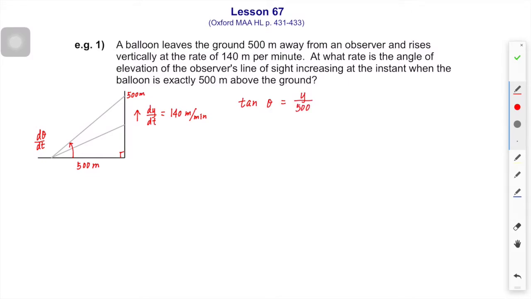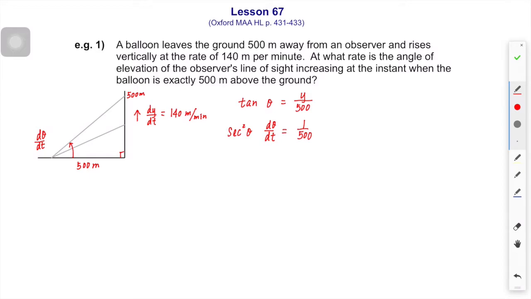We know that the next step is to get the rates of change involved. Let's take the derivative of both sides of this equation. We have secant squared theta d theta dt equals 1 over 500 as a coefficient.